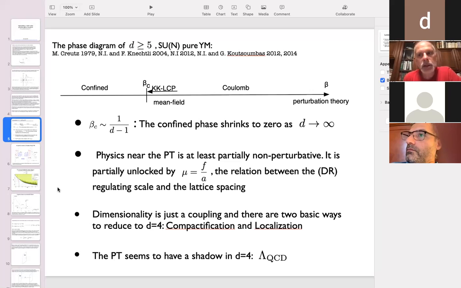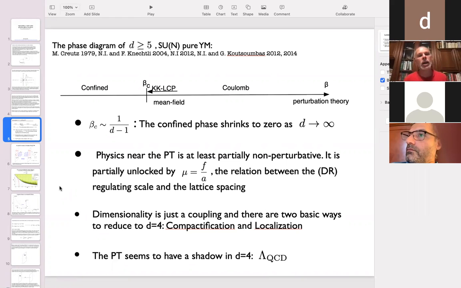What happens to the phase transition? Well, it disappears because 4-dimensional SU(N) does not have a phase transition. It has only one phase. It has only a confined phase. However, it leaves behind a shadow, and the shadow is that there are still 2 regimes within this confined phase, where the system behaves completely differently, and these 2 regimes are, roughly speaking, separated by a scale, which is lambda QCD.